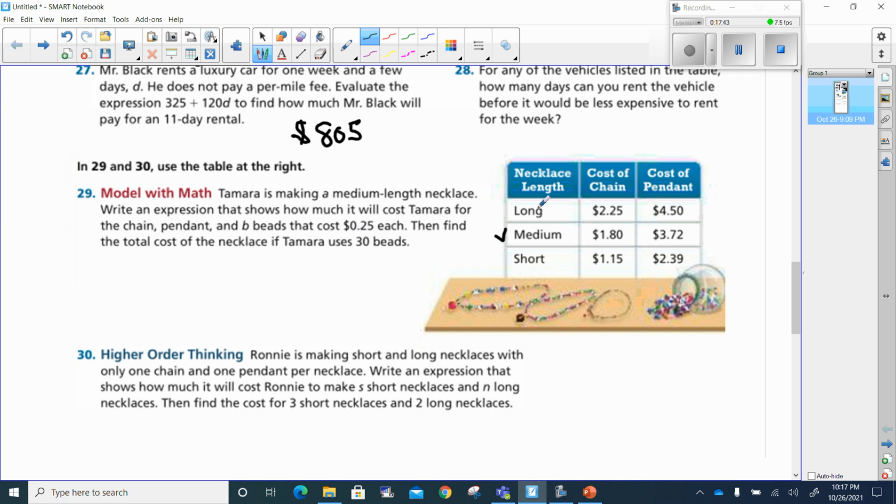So for the chain, we know for a medium chain, the cost of the chain is $1.80. The pendant, cost of the pendant is $3.72. So we're adding $3.72.